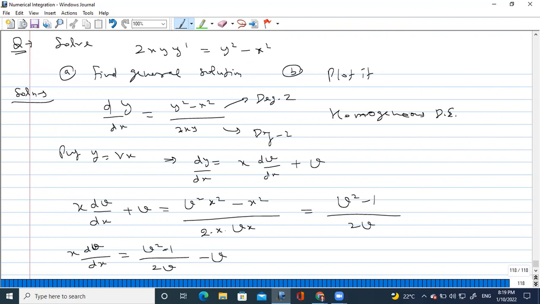Now you can take LCM. It will become v square minus 1 minus 2v square divided by 2v. So v square minus 2v square means minus v square will be there. So minus 1 plus v square I can write divided by 2v. From here now I can do the variable separable. Note down this first.